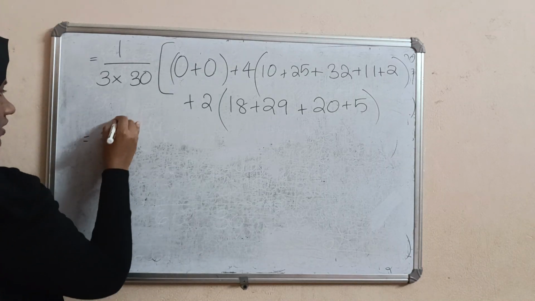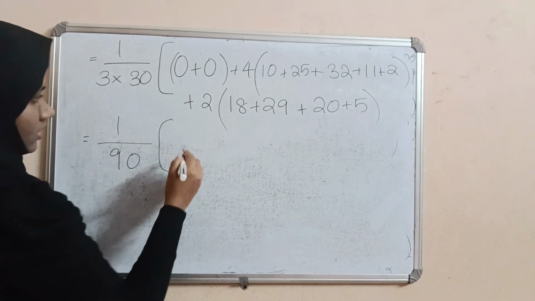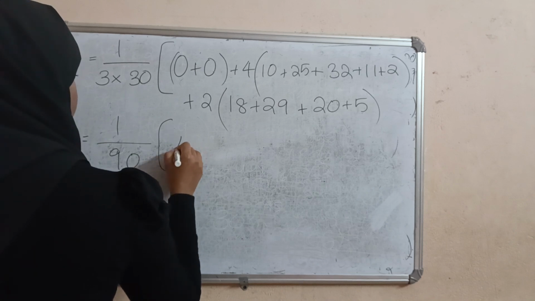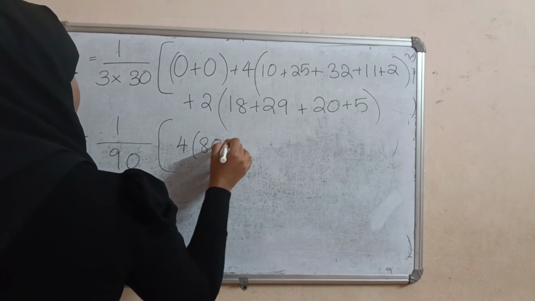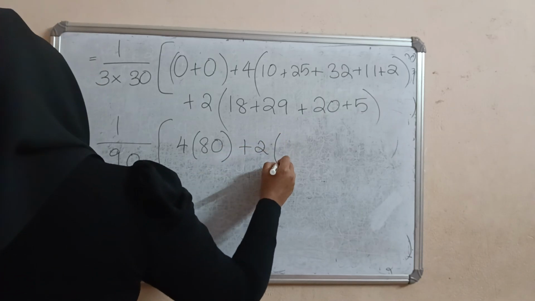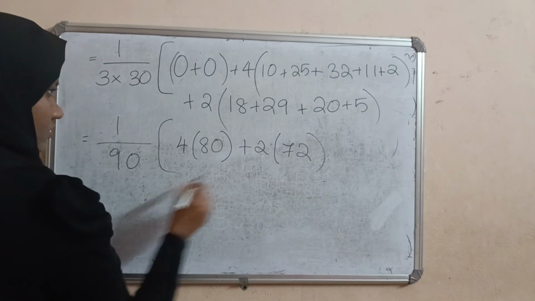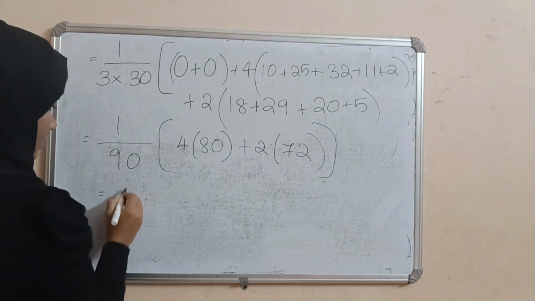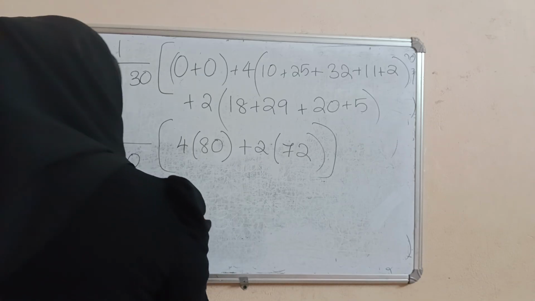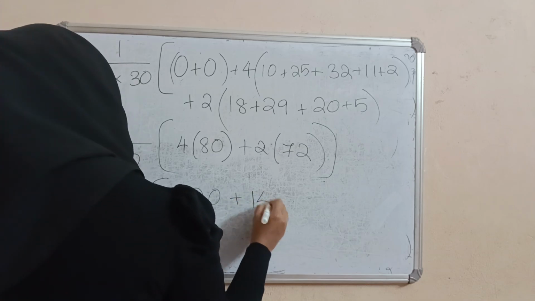When you calculate, you will get 1 by 90 into 0, and 4 into 80 plus 2 into 72, which gives 1 by 90 into 320 plus 144.